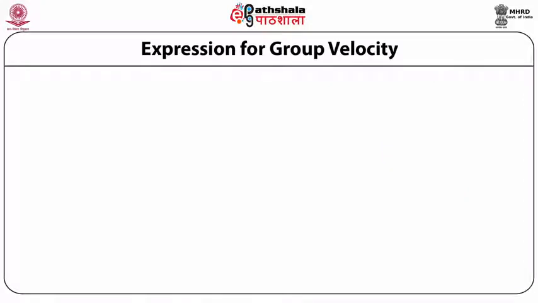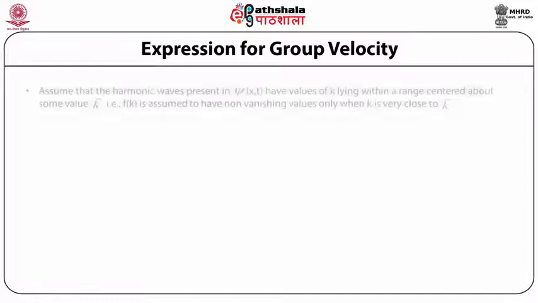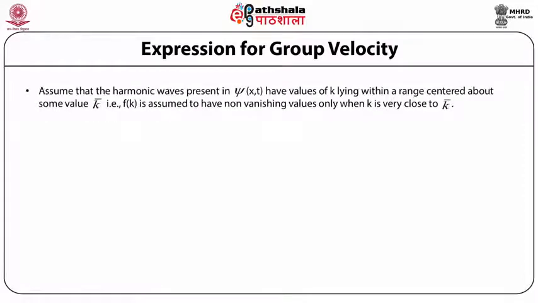Expression for the group velocity. Looking at the expression for the harmonic wave represented by the wave function psi of x, t, we have that the wave function has values of k, that is the wave number, lying within a range centered about some value k bar.